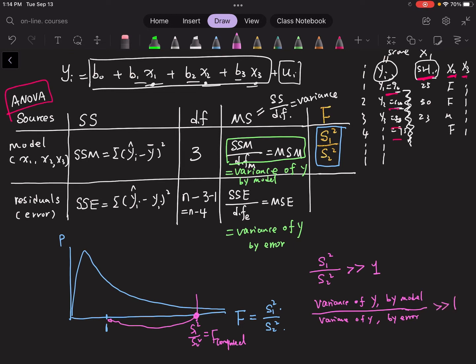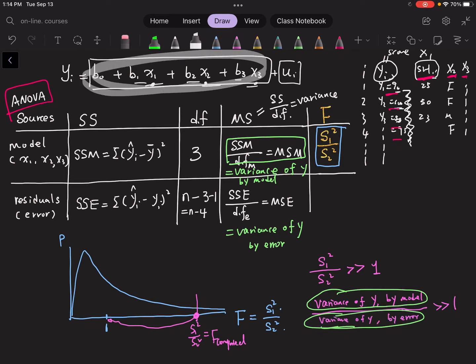In other words, the numerator is statistically significantly greater than the denominator. That means the variance of y explained by the model is statistically significantly greater than the variance of y explained by error. So that means your model is useful. The model explains a significant amount of variance of y compared to error.